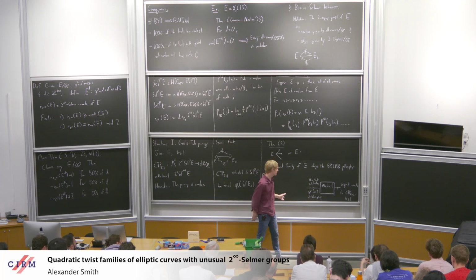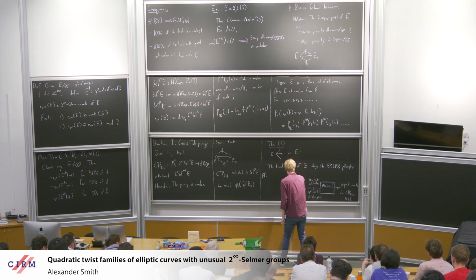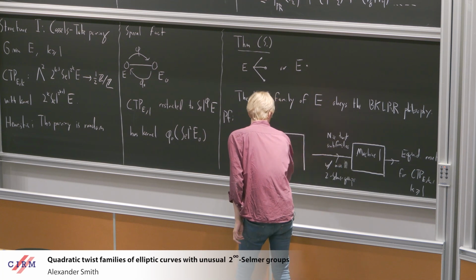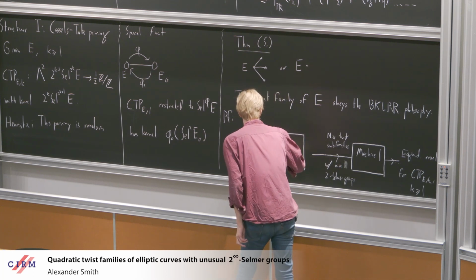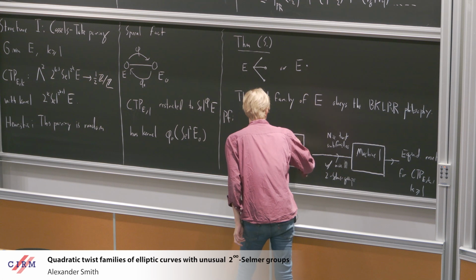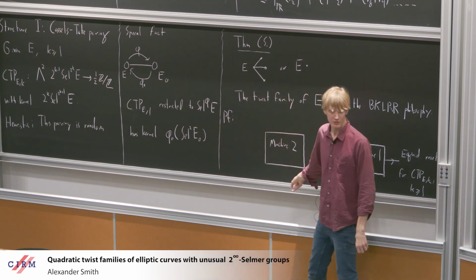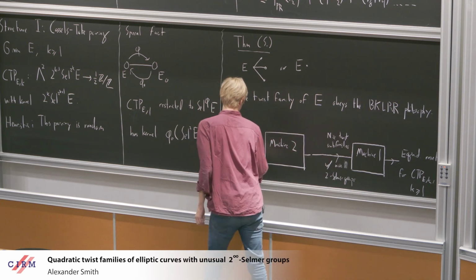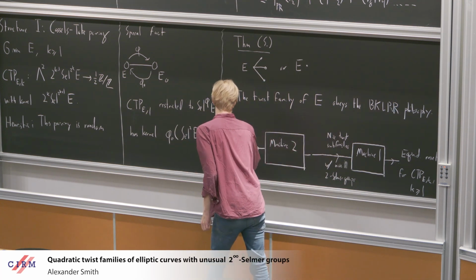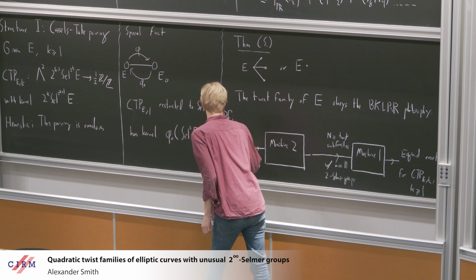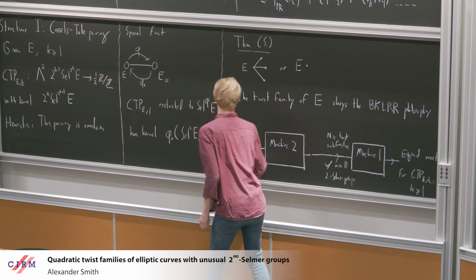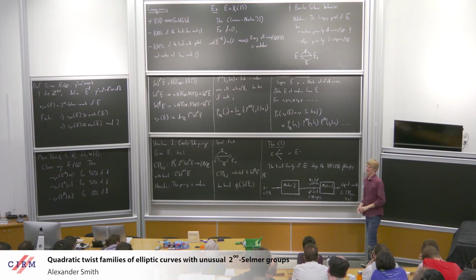That explains what we do once we have those nice 2-Selmer groups. And so in order to get to that point, we need a second machine. And this machine is responsible for the 2-Selmer groups. And so what you input to it in these cases is just an elliptic curve in either of these forms. Okay.